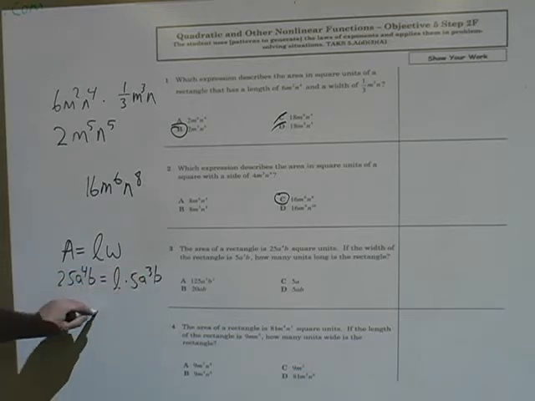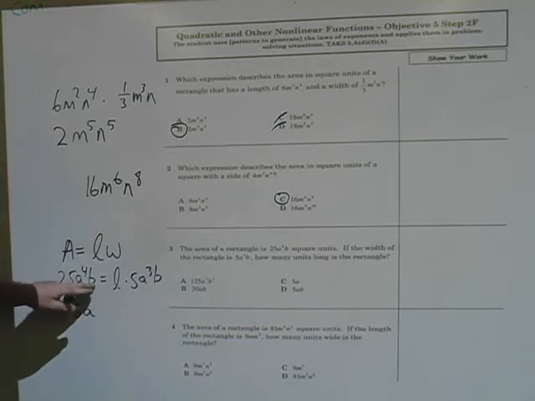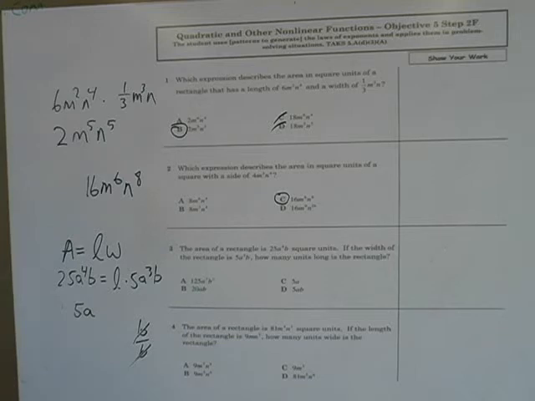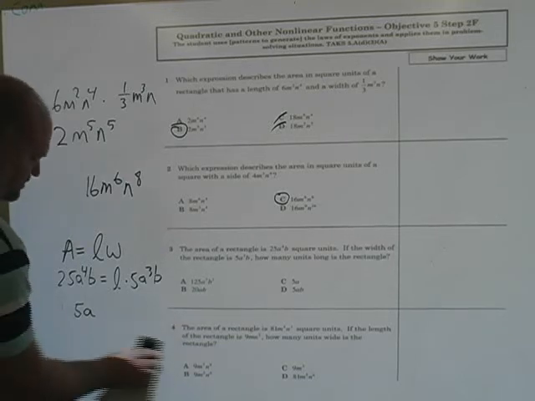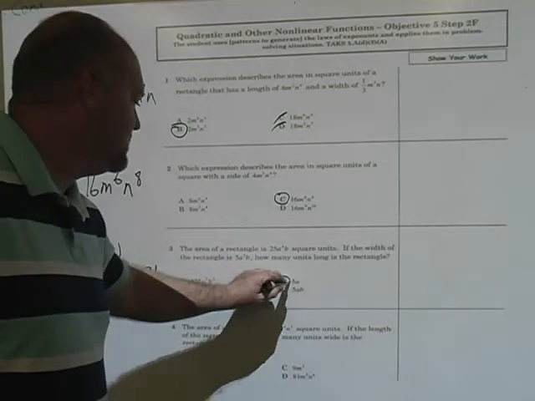B divided by B is just 1. And we don't really even need to put that 1, because times 1 just leaves us with what we started with. So basically B divided by B just cancels out like that. So 5A is the answer.